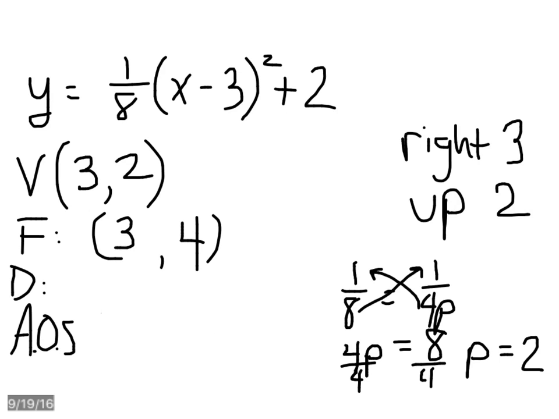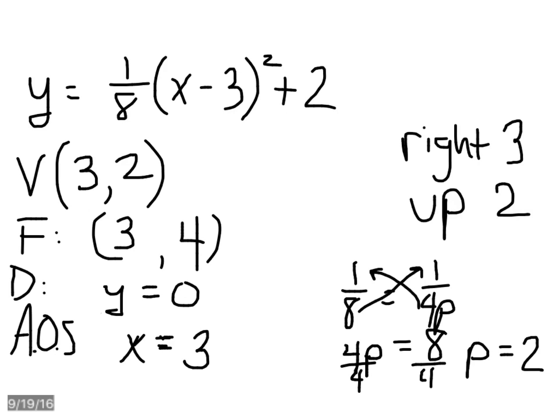Then, the directrix. You don't add 2 this time. You subtract 2. What's 2 minus 2? And the axis of symmetry runs right down the x coordinate for this one because it opens up and down. So it's x equals, what did the x equal? x equaled 3.